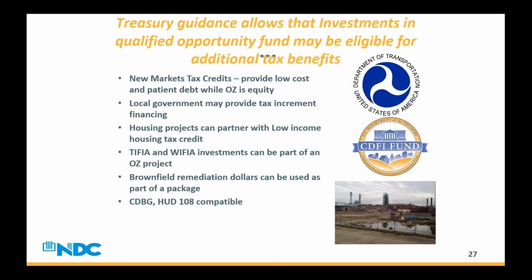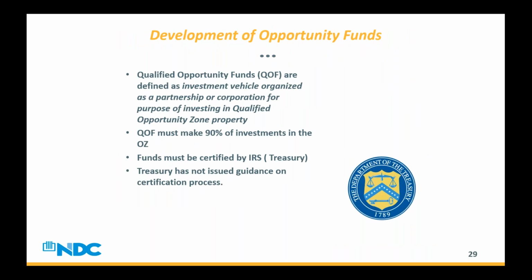And this reaffirms this. The reason I point this out is how important it is that the Treasury guidance will allow that investments, go back to that slide, we're going to repeat it, do allow the programs to overlap.